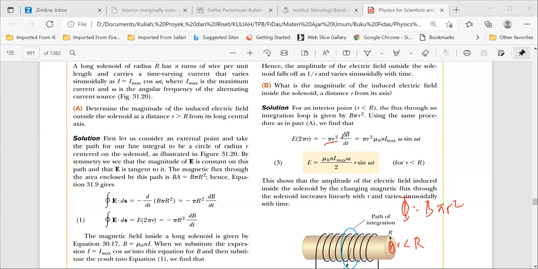Oke, sampai sini dulu ada pertanyaan nggak? Pertanyaan?